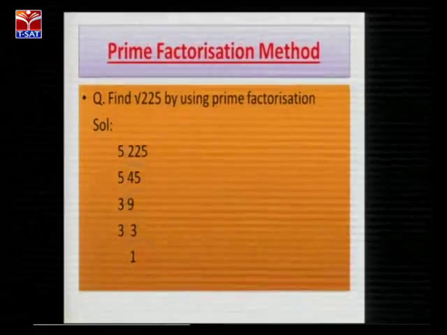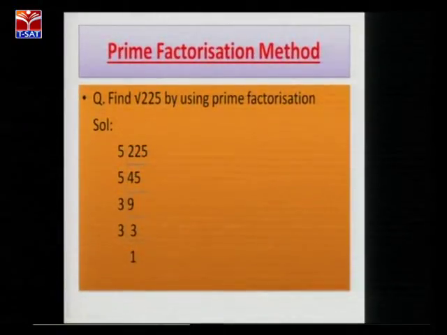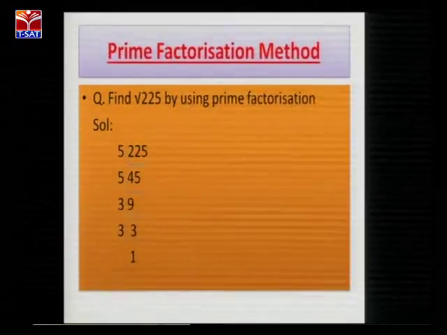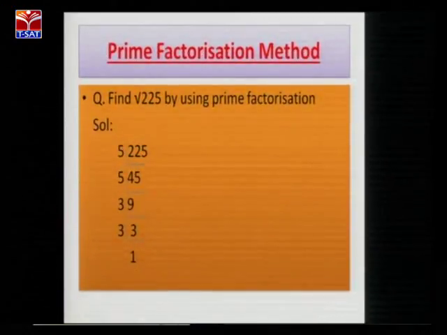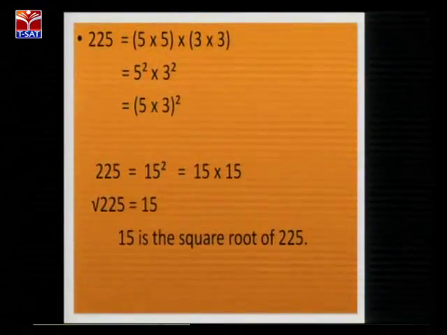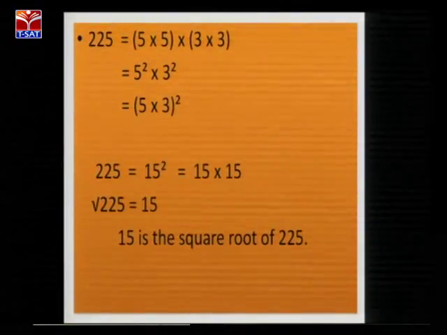Next, 5 9s are 45. 9 is not divisible by 5, but it is divisible by 3, that is a prime number. 3 3s are 9, 3 1s are 3. Friends, the prime factors of 225 are 5 into 5 into 3 into 3.